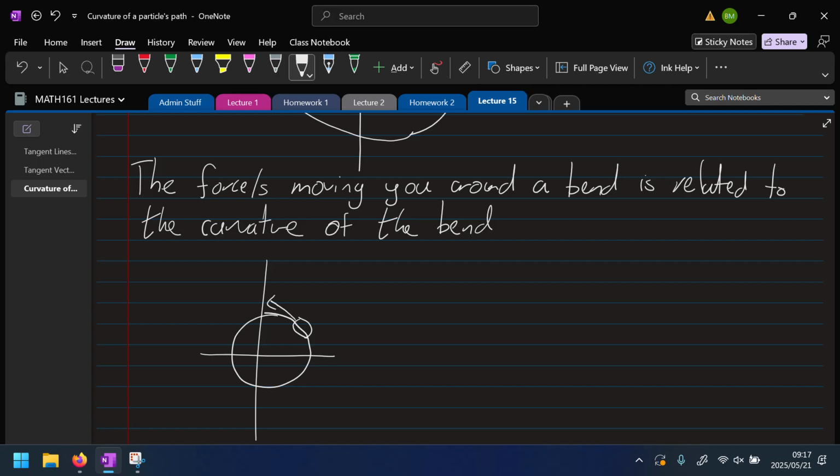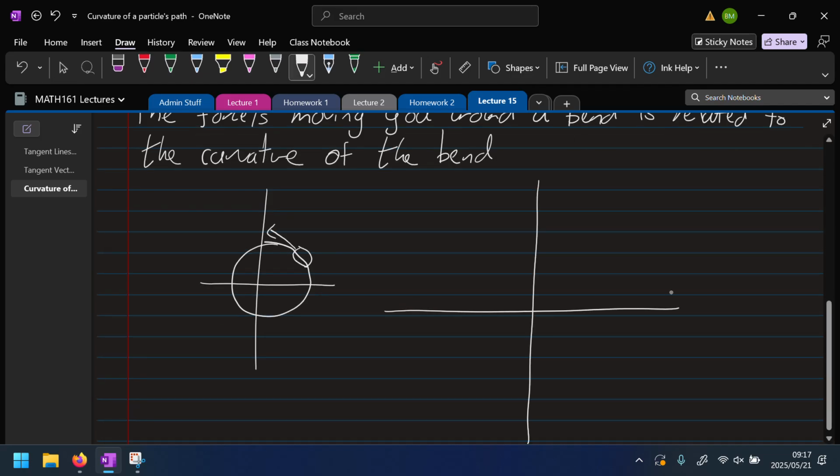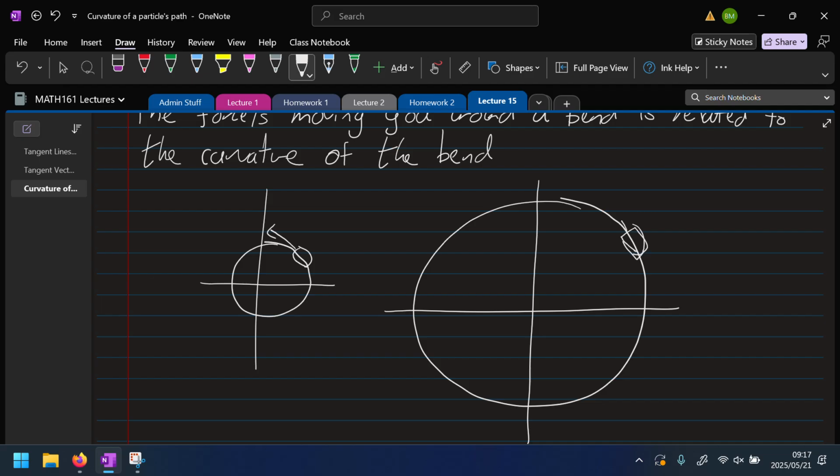A very small circle is going to have a very high curvature, so as you go around, it's going to be quite a rapid bend. But if you have a very large circle, again, there's you moving around, it's not as sharp of a bend. So a very small circle, very large bending; a very large circle, very small bending. Just keep that in mind when we look at curvature. In both of these cases, this vector is v, your velocity vector or your tangent vector.